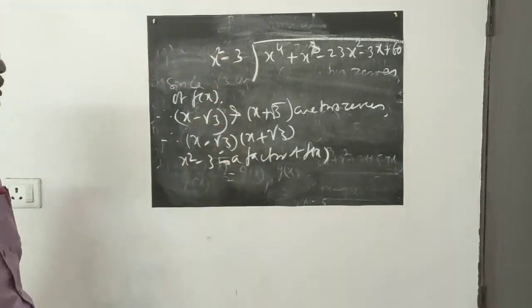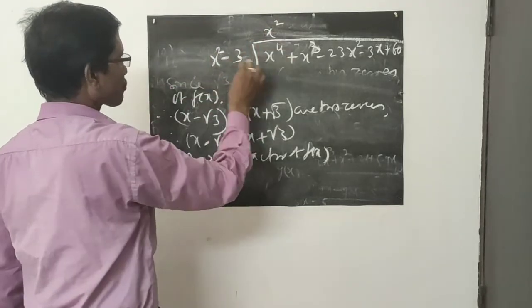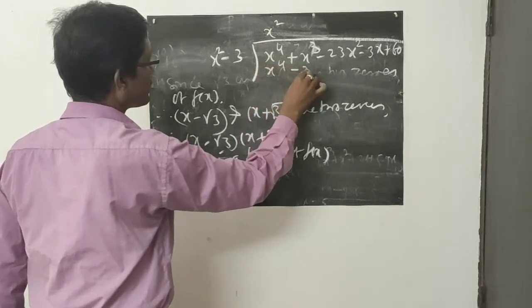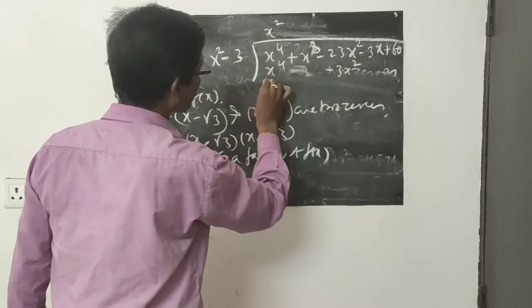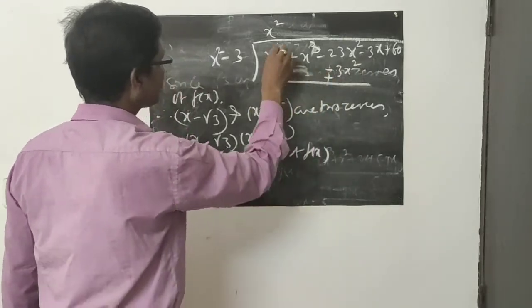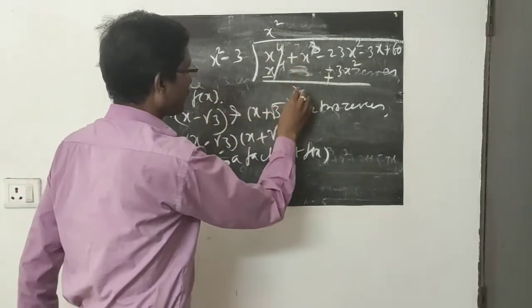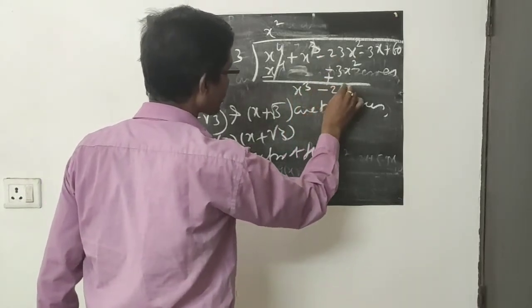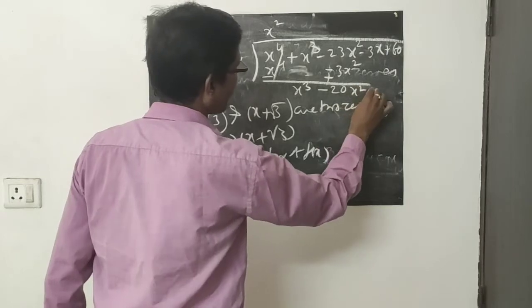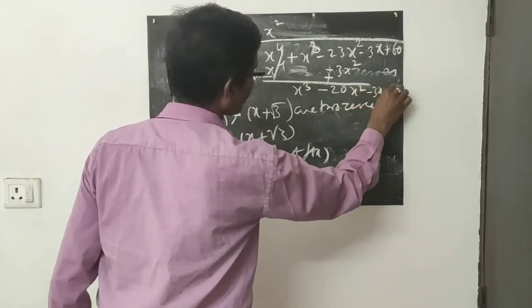First of all it will go by x square, so it will be x4 minus 3x square. Like terms you have to write below like terms. It is coming x cube minus 20x square minus 3x plus 60.